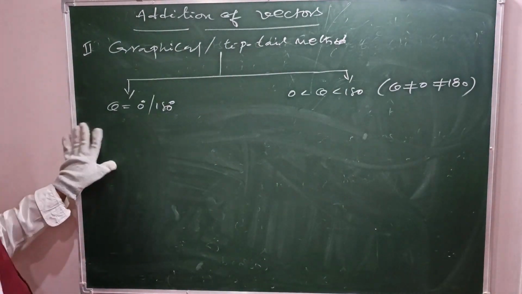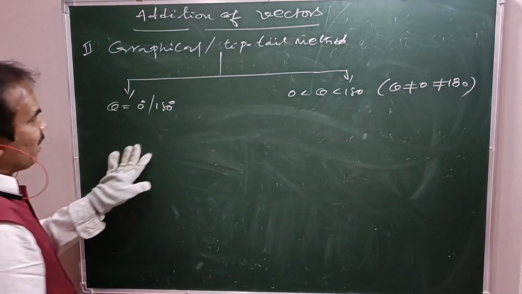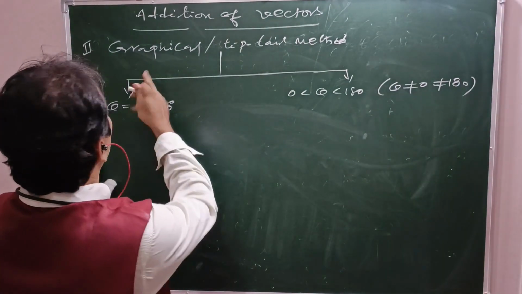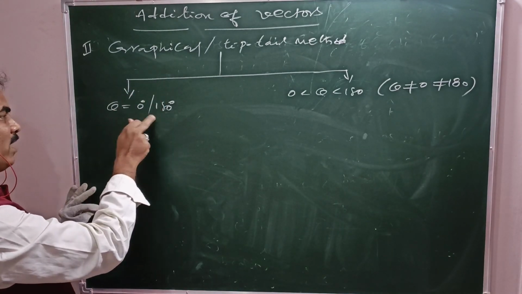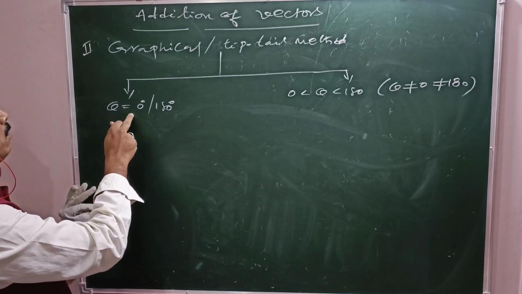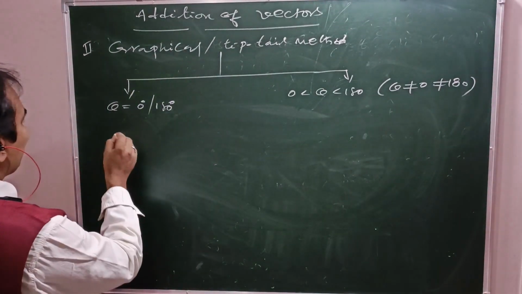Now tip to tail method means we can add any given two vectors. So two vectors can be added by tip to tail method, otherwise graphical method, when given two vectors are parallel to each other, otherwise anti-parallel to each other, right? First case, parallel to each other.